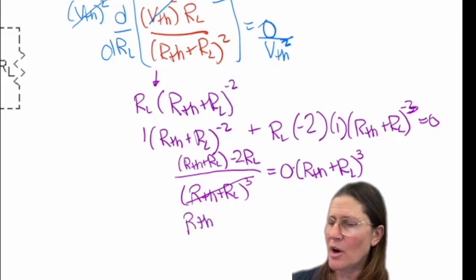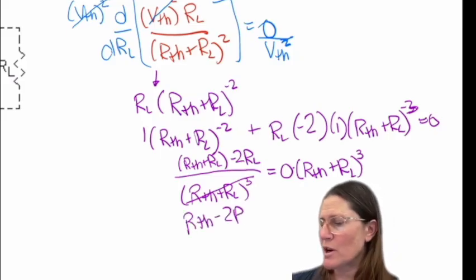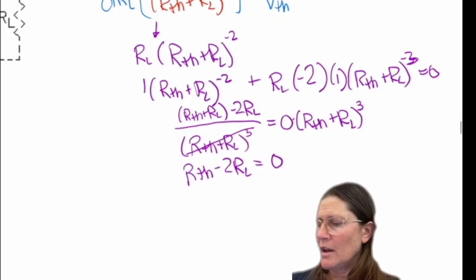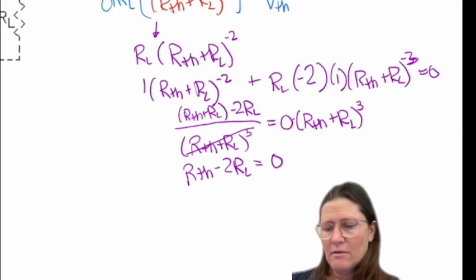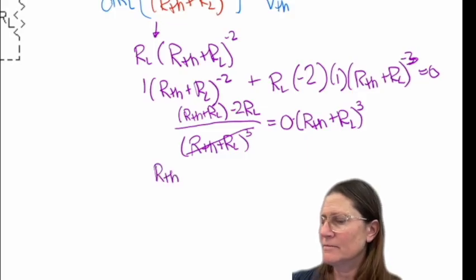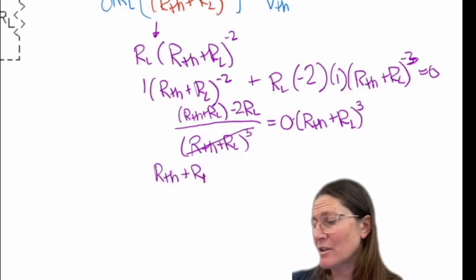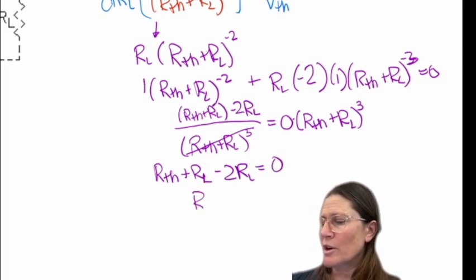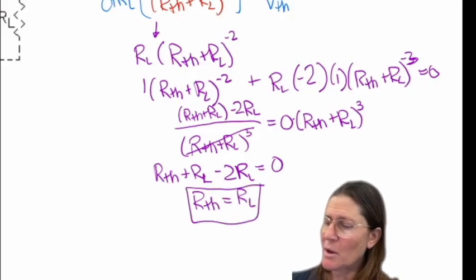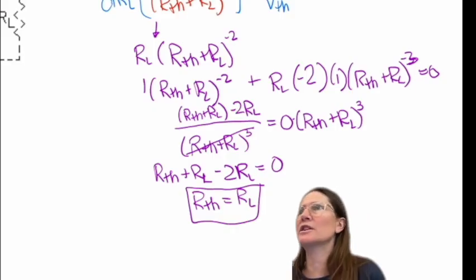So this becomes RTH minus 2RL equals 0. Oh wait, I missed the plus RL. RTH plus RL minus 2RL equals 0. So RTH then becomes RL. So that's when my maximum power is, I just set RTH equal to RL.